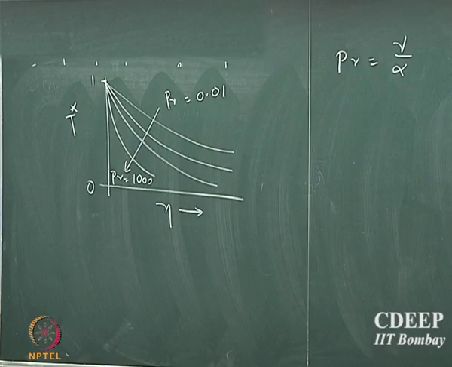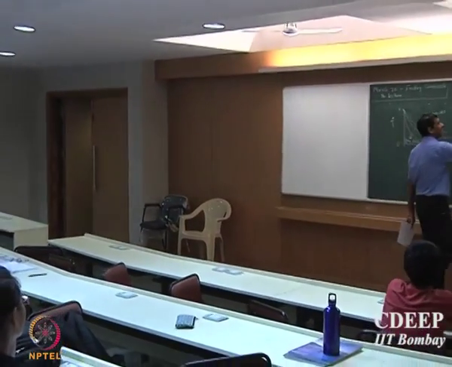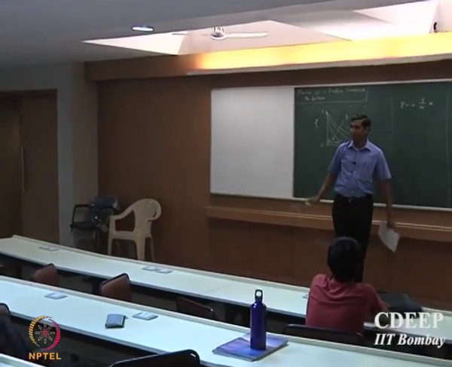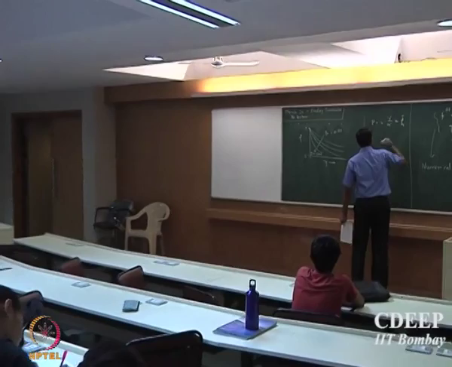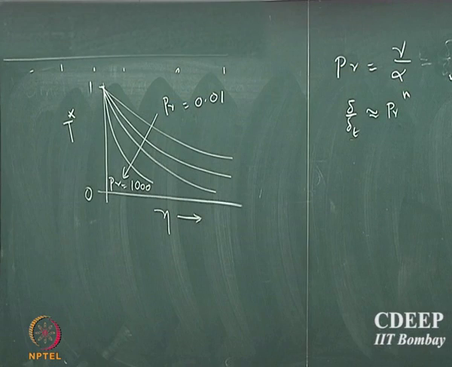What happens when we increase Prandtl number? The momentum boundary layer is more important. This is a ratio of delta over delta t. Delta over delta t approximately scales as Prandtl number to the power of n, right? So when Prandtl number is very large, the thermal boundary layer thickness is very small.